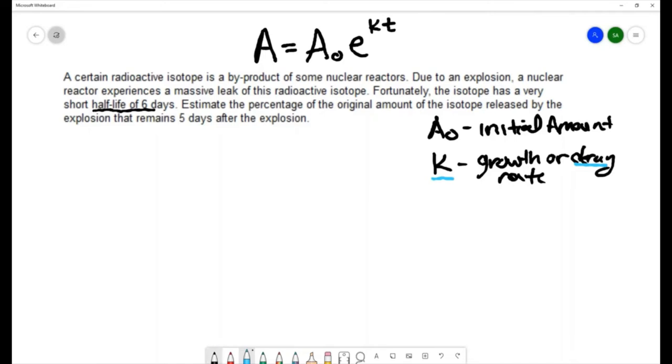Then we have t, which stands for time, and the value of A is the amount after time.